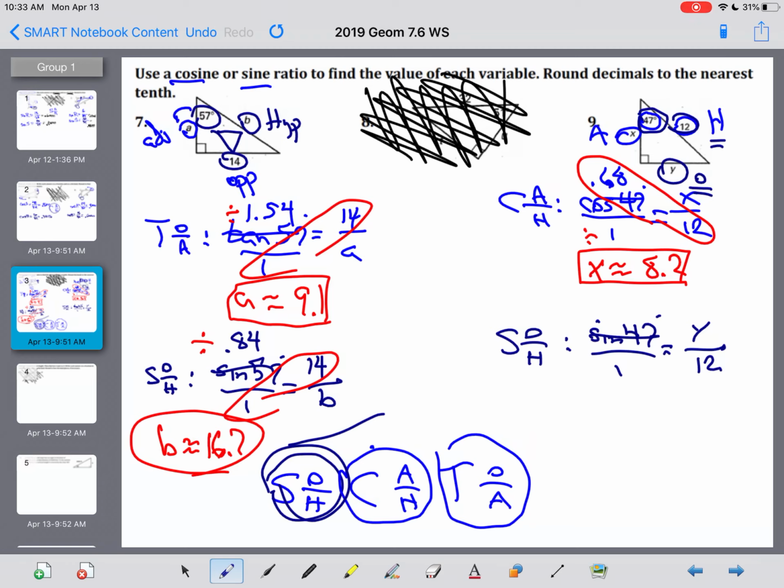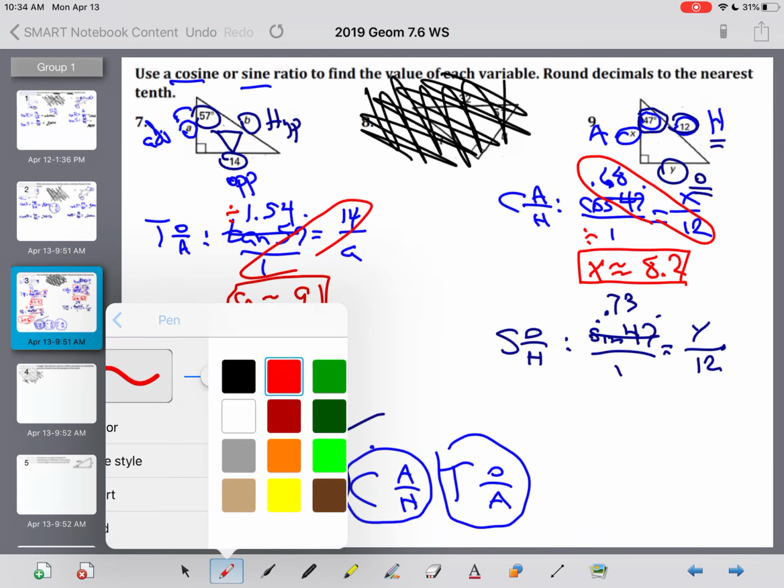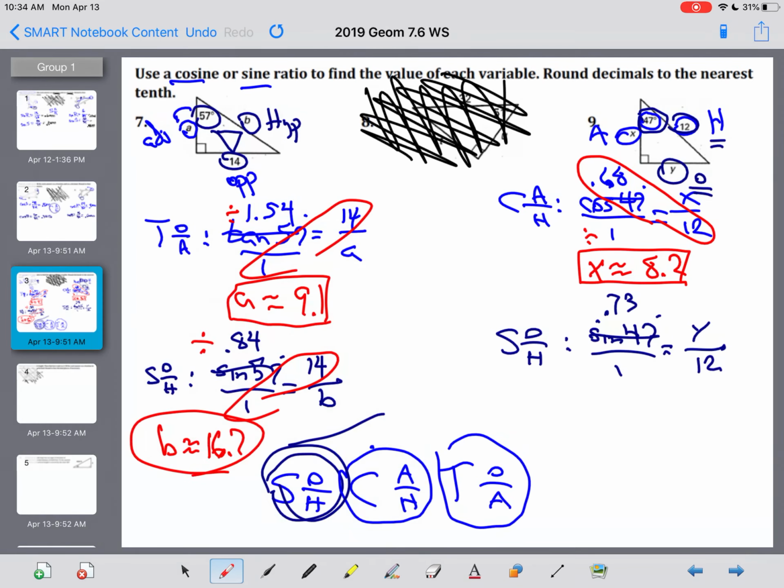Sine of 47 is 0.73. And switching over to Mr. Red here, multiply these, divide by that. So y will be approximately equal to 12 times 0.73. And we get about 8.8.